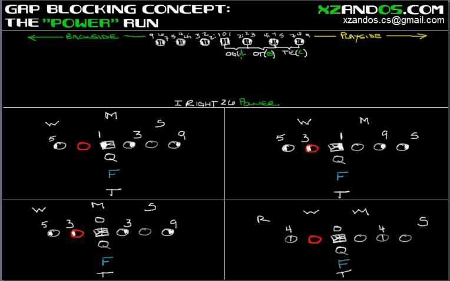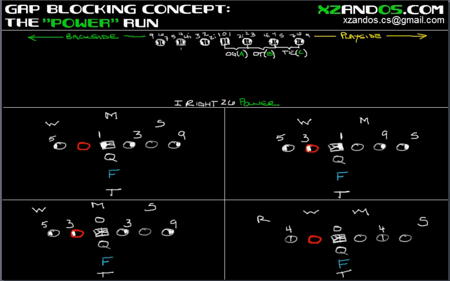So as you can see, all play side gaps are covered, but because the gap is to the left of the offensive lineman, it is a backside gap responsibility for power, for the gap blocking concept: A, B, and C. Let's talk about the offensive center. The offensive center is pretty special.